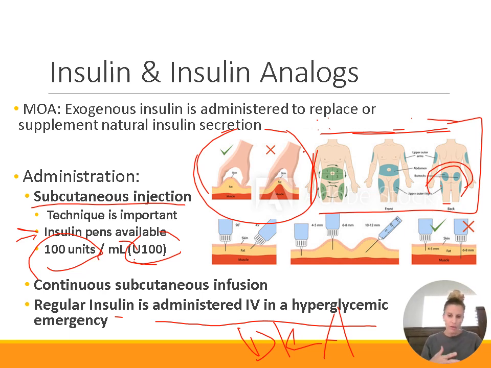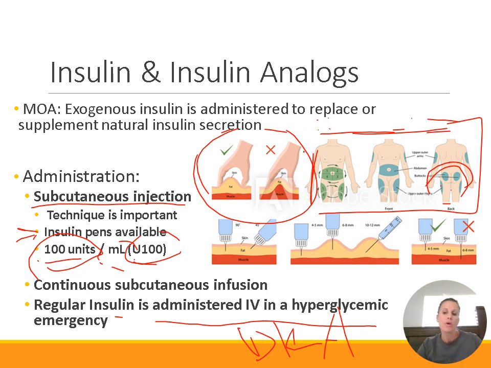Then in order to know how to get those 30 units, you have to convert that to a volume. So if there's 100 units in 1 mL, 30 units would be 0.3 mLs. So the patient would need to inject 0.3 milliliters to get those 30 units.